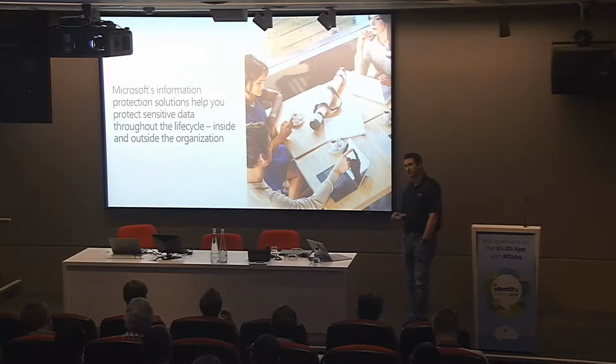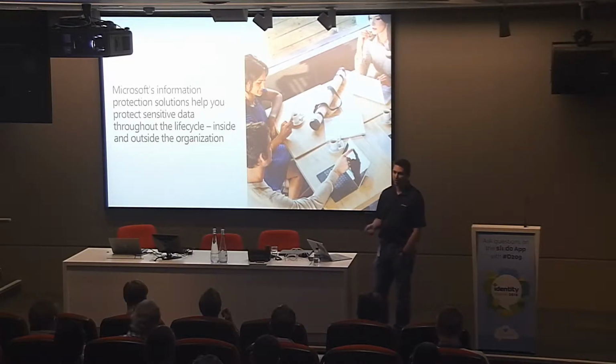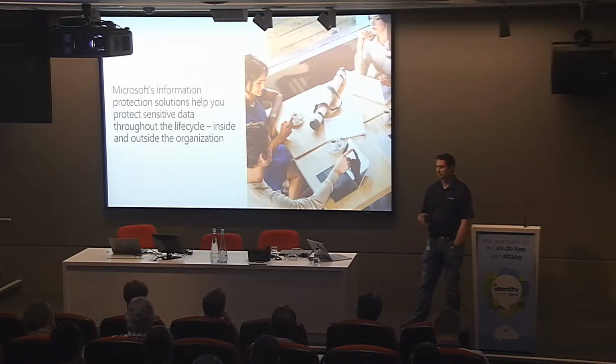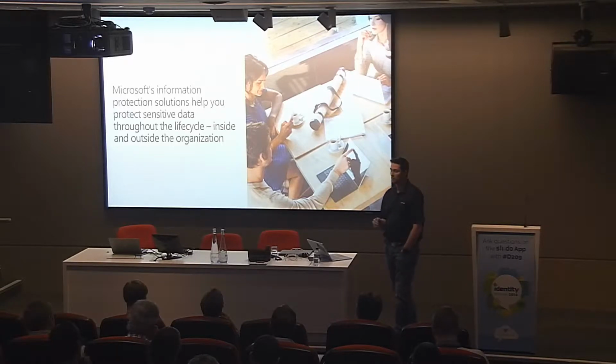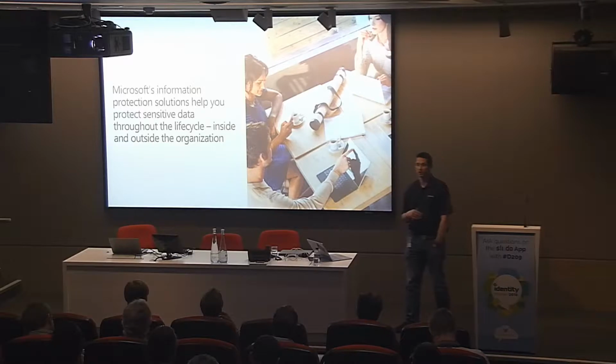When we say data, we're talking about end-user unstructured data. So it's whatever documents you're working on, whether it be emails, Word, Excel, PowerPoint, whatever you as a user sat in front of a keyboard are working on. That's what our team focuses on. It's about helping you identify what you've got, where it is, and who's got access to that, even if it leaves your organization. So for the session today, when we say information protection, this is what we're talking about.